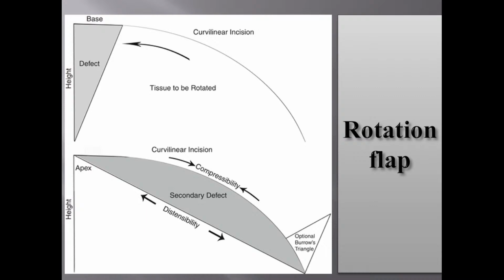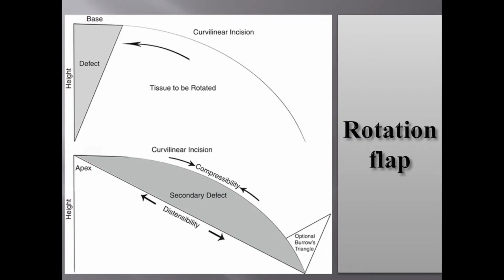Depending on the degree of stretching, the vector of greatest wound closure tension may be along the line extending from the base to the apex of the distal flap. When no advancement is used in movement of the rotation flap, the greatest wound closure tension is perpendicular across the distal border of the flap, not across the long length of the flap.